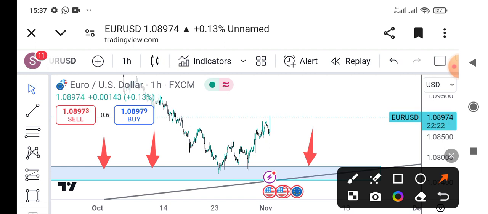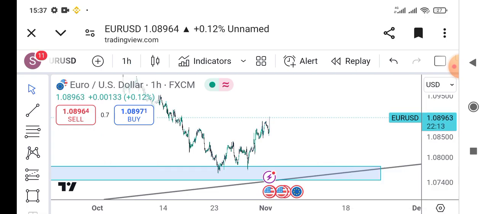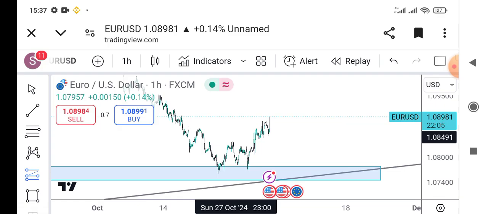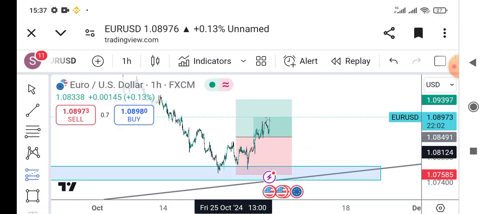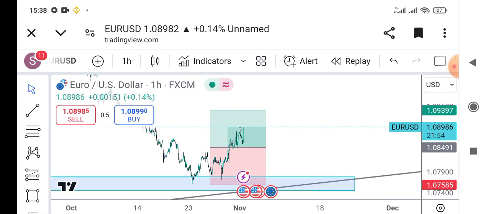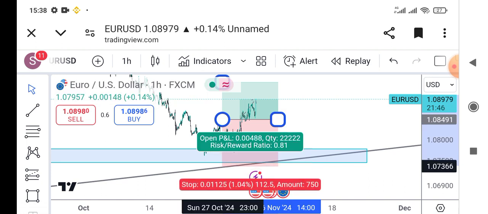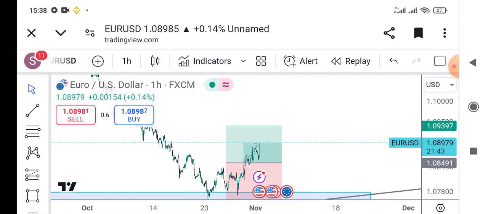So if at all one was entering this market, one could have entered somewhere here. Sorry, it is terrible. Your stop loss at that section.